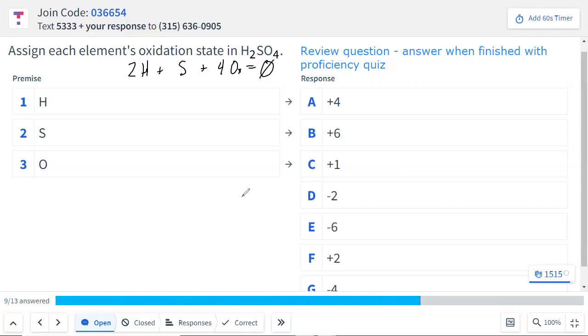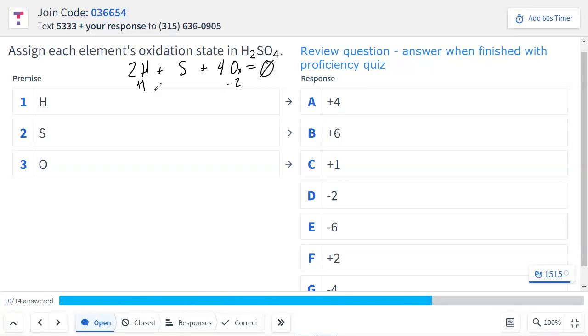And then from there, it would be a matter of looking at each individual atom and going, okay, I know that the oxygen is going to be -2 because oxygen's almost always -2 when it's in a compound. And I know the hydrogen is going to be +1 because hydrogen is always +1 when it's in a compound with other nonmetals.